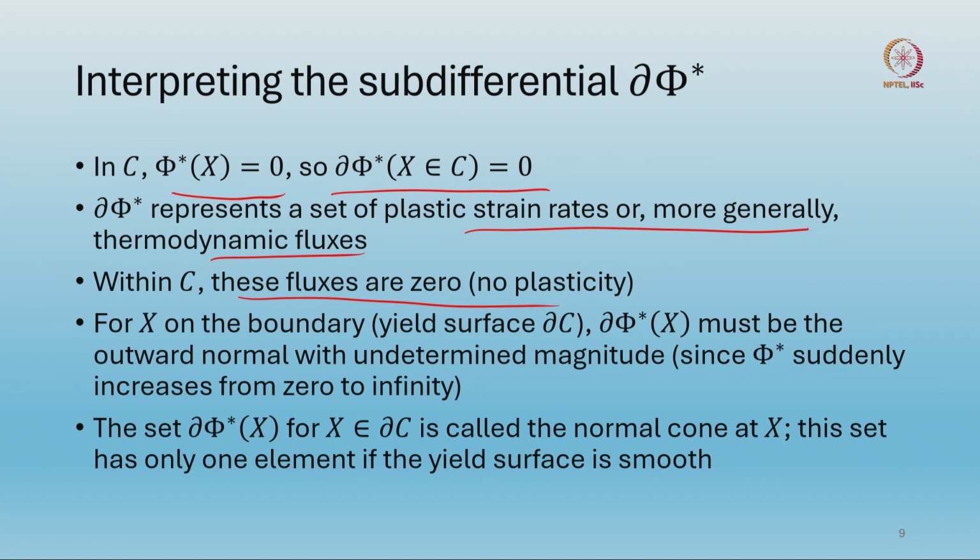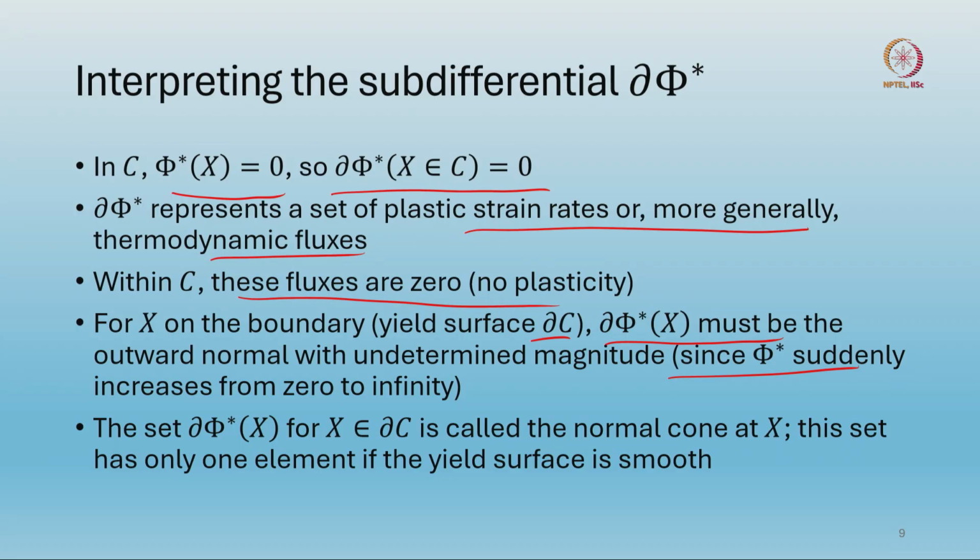For x on the boundary, if the thermodynamic force is on del C, then del phi star of x must be the outward normal, because it is a gradient-like object with undetermined magnitude, because phi star suddenly changes value from 0 to infinity, correct. So, this is what is important, the normality rule.